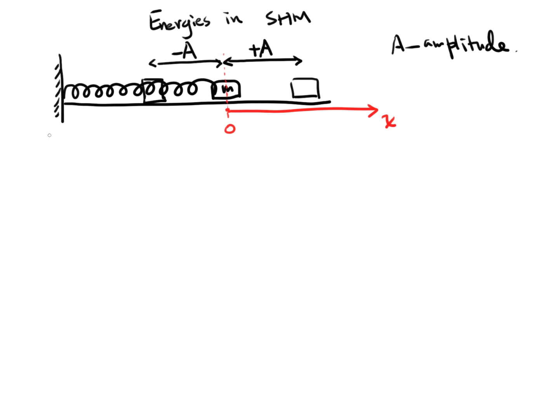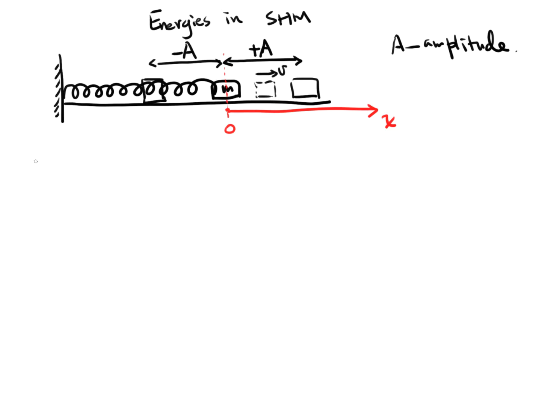Okay, so now think about what energies are involved in this simple harmonic motion. For the object with velocity v, let's say during the motion the object is at this location and it has velocity v.